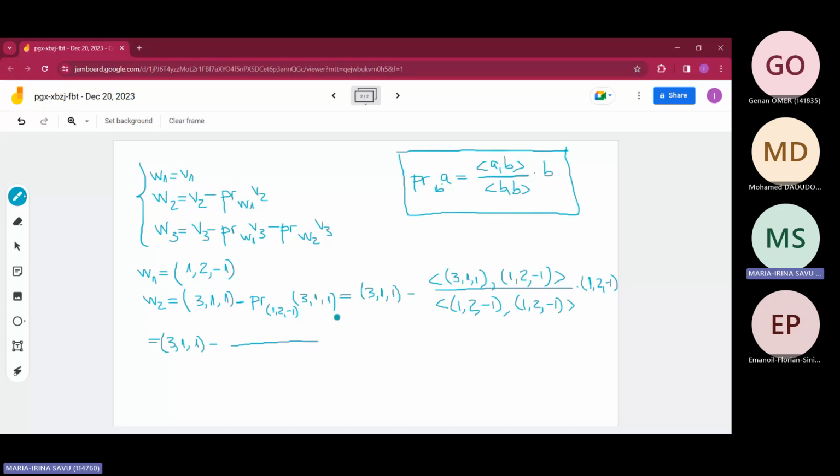The product is computed by multiplying the first element of this vector with the first element of this vector, and then adding them. And here again.